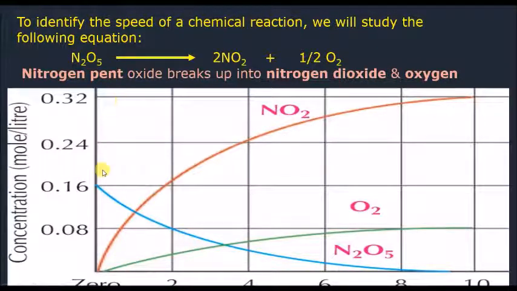We have a relation between the concentration and the time taken for the reaction to happen. Firstly, let's talk about the blue line.